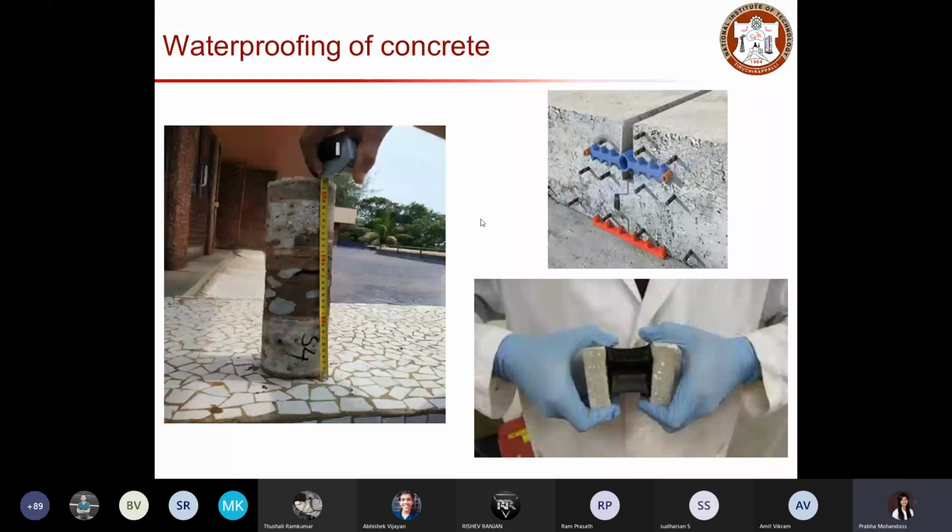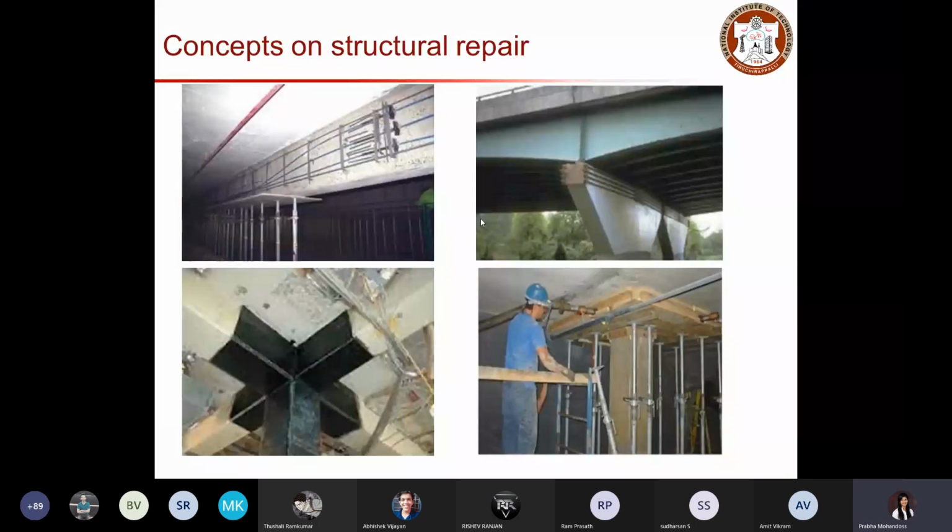And then here, it's a concept of structural repair. So when you have a bridge structure, it is not easy to repair the bridge structure, or it is not easy to reconstruct the bridge structures, right? So you have such a long, huge structure, and in many places that would be the connecting structure across different important places which have a significant traffic flow.